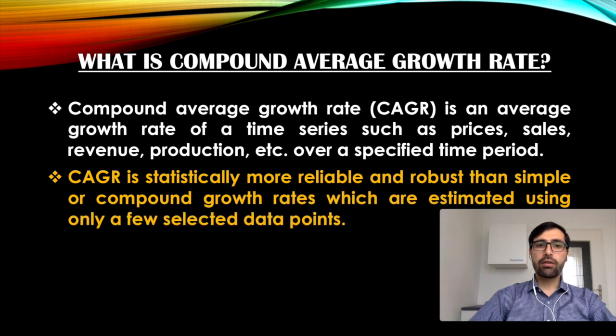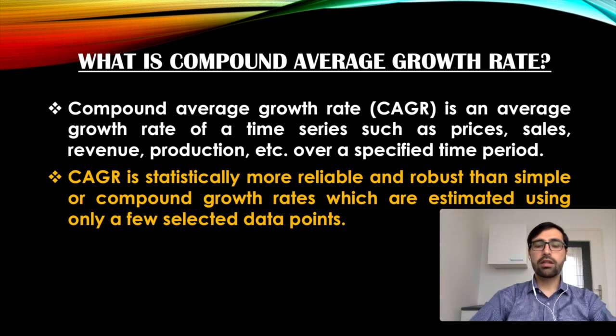Compound average growth rate is statistically more reliable and robust than simple or compound growth rates, which are estimated using only a few selected data points, such as the beginning value and the end value. So that is only 2 points in time. It does not consider the whole history of a time series. But compound average growth rates use all the observations in the analysis and consider the history of the time series.